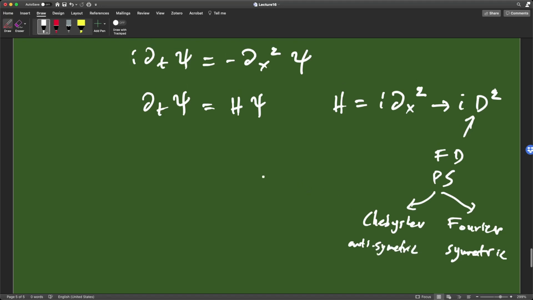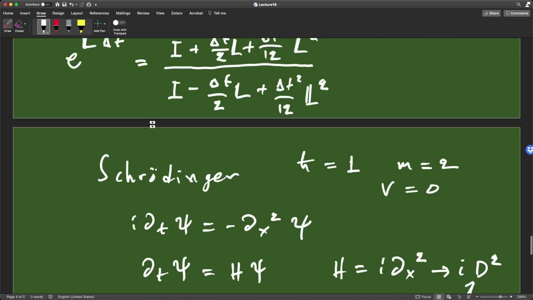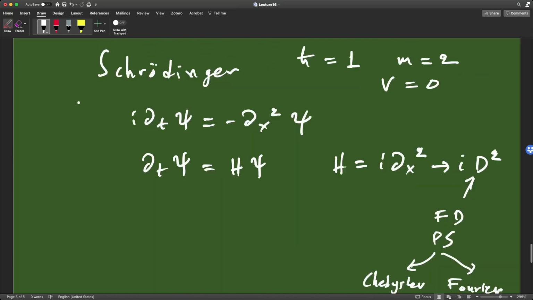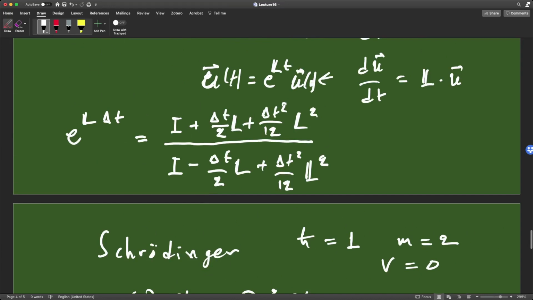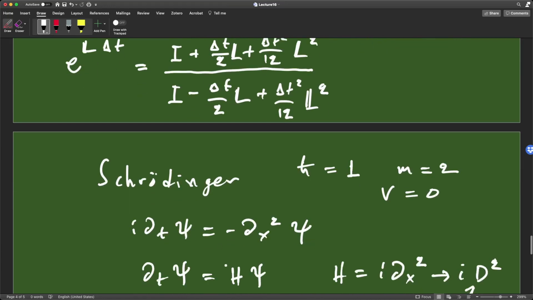The reason it's not good is that if we look at this expansion, now the solution in this case looks exactly like that. Just replace L by H, essentially.